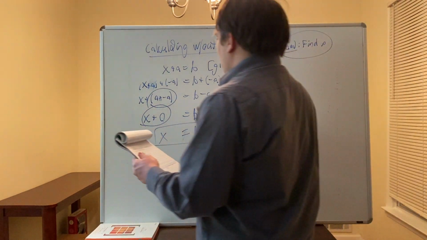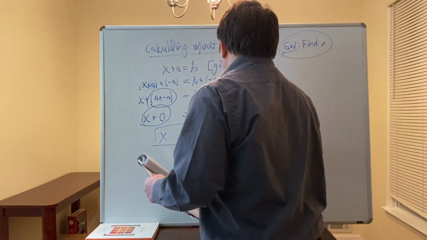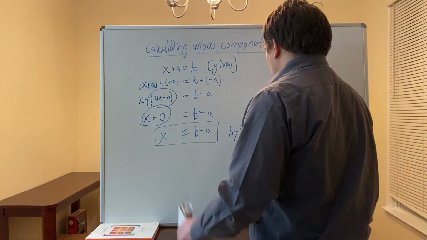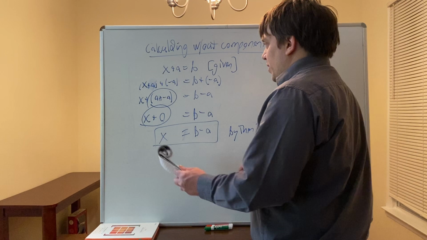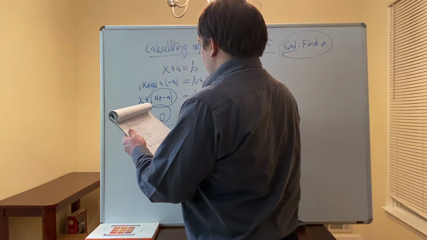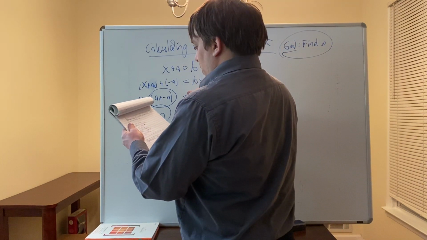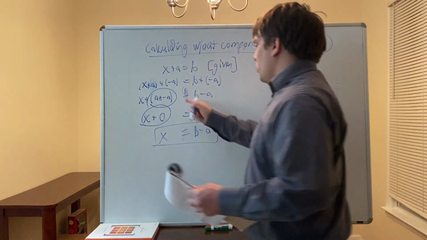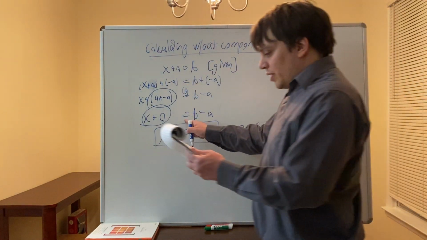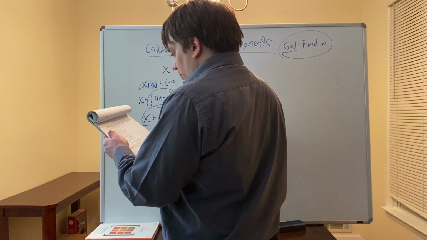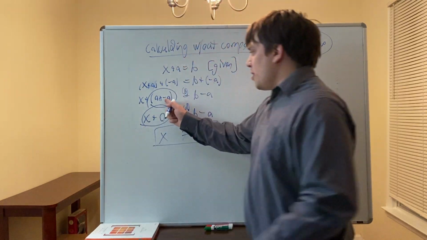Okay, and so here, this is by theorem 3.1.1. In this step, I used associativity, that's part B of that theorem. Then here, I used part D, saying that a plus negative a is 0.